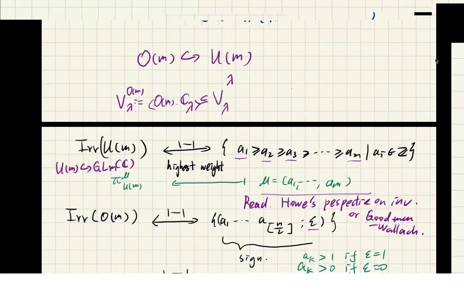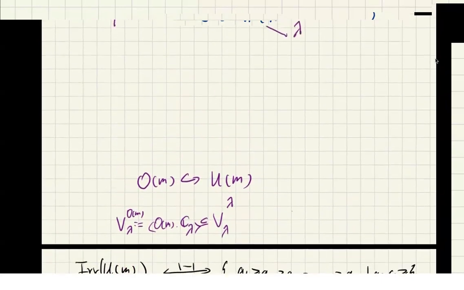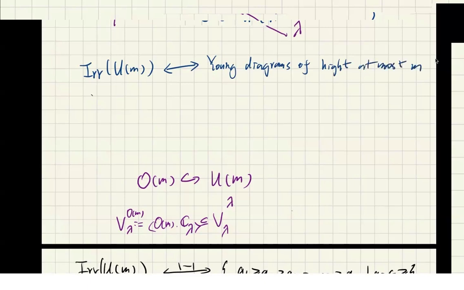Instead of thinking about numbers, you can think irreducible representation of UM is classified by Young diagrams of height at most M. How do you correspond it?